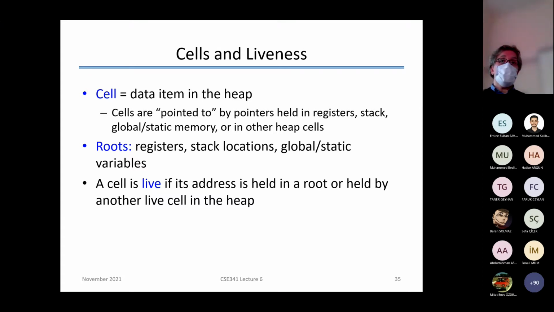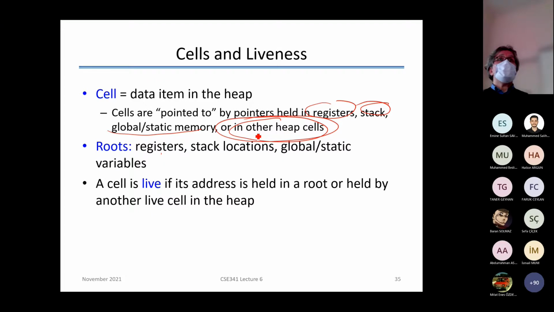If this was all handled by registers, stacks, and global or static memory, it would be easier. And we call roots the pointers that are held in registers, the stack, or global static variables, not in other heap cells.